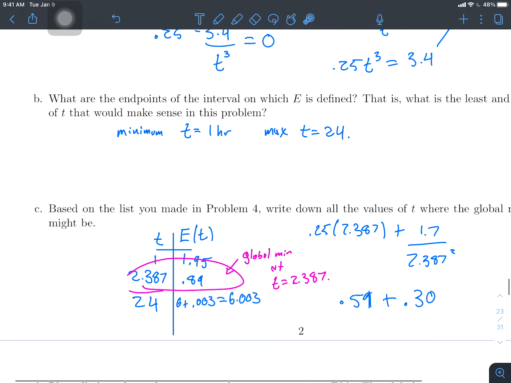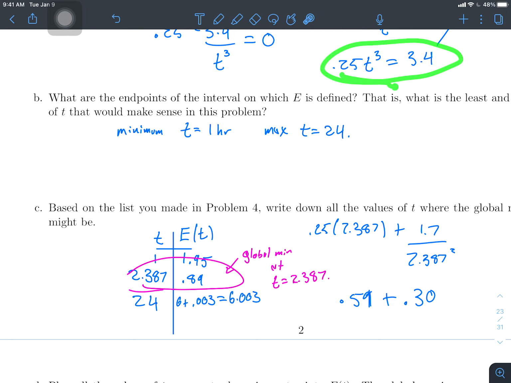Since I found all of the critical points, there was only one critical point, I checked what is the value at that critical point, and I checked the value of the function at the endpoints of the interval. And I found out that this was the smallest one. If there was another point which was smaller than this, then it would be a critical point.